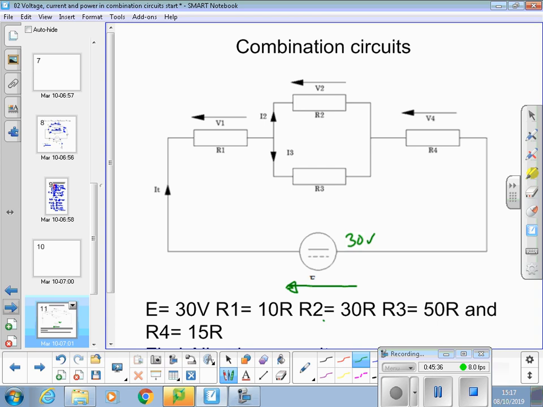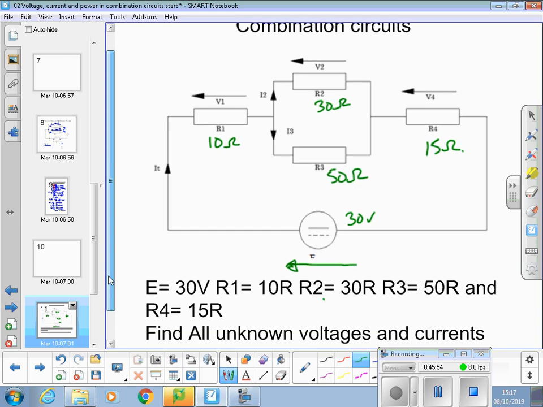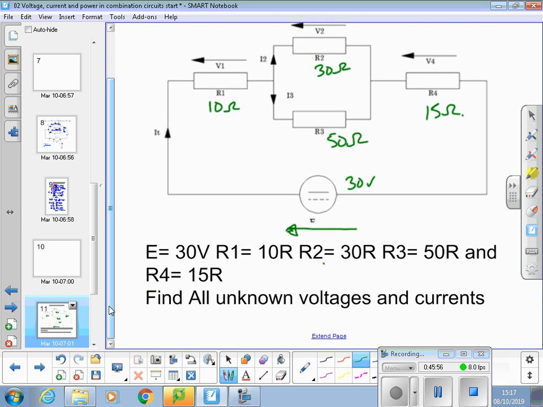We've got R1, 10 ohms, R2, 30 ohms, R3, 50, and R4, 15 ohms. Okay, and the question says find all unknown voltages and currents. So we've got at the moment V1 across the resistor R1. Arrow's going that way because the current's going the opposite direction.